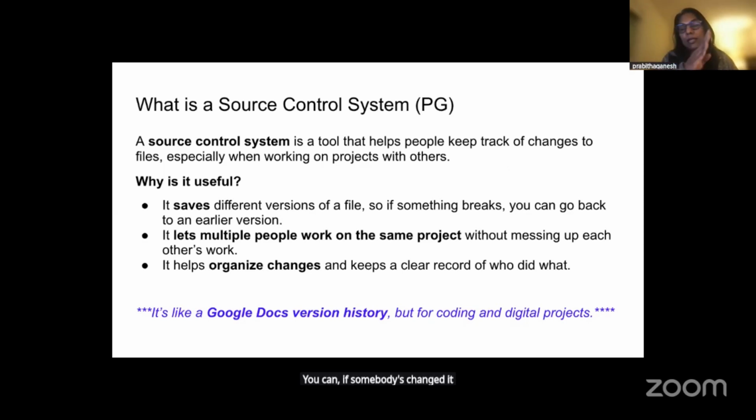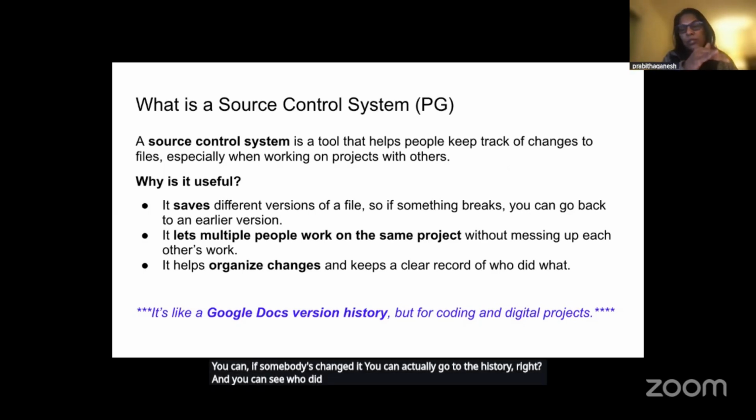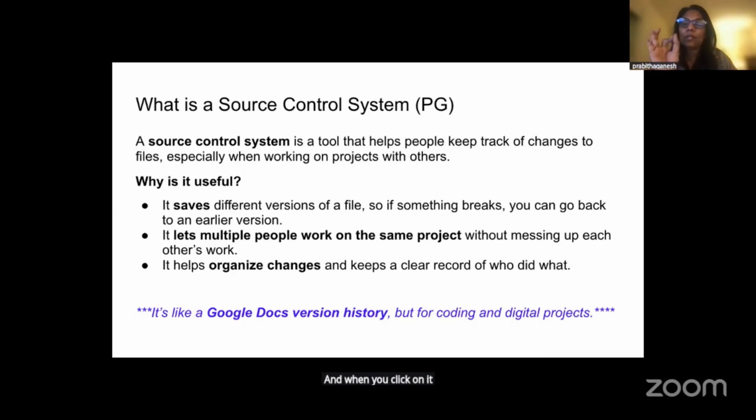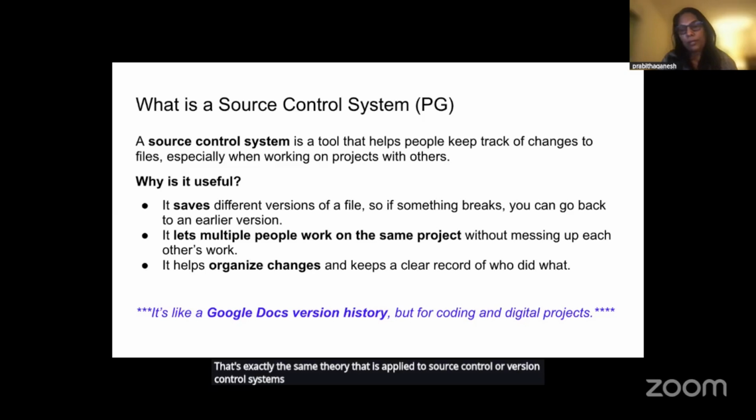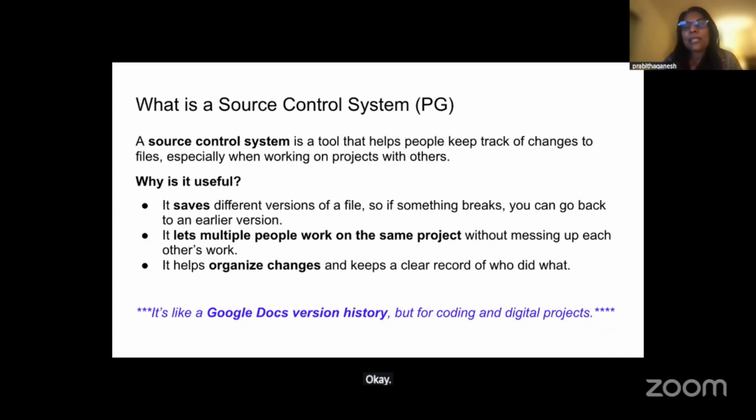Similar to Google Docs, if somebody has changed it, you can go to the history, go to the previous version, and when you click on it, you'll see exactly the change that was done and by whom. That's exactly the same theory that is applied to source control or version control systems, except instead of documentation, it is applied to coding.